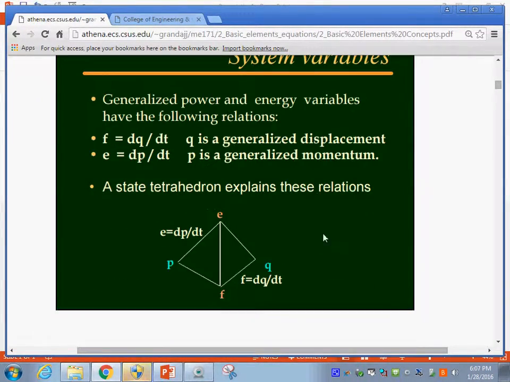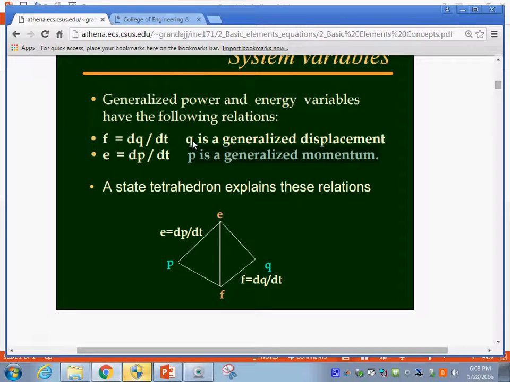In here, one more clarification that we would like to make is that the flow variable is the derivative of the position. And position, we are going to generalize it by the letter Q. And the letter P is going to generalize the momentum.